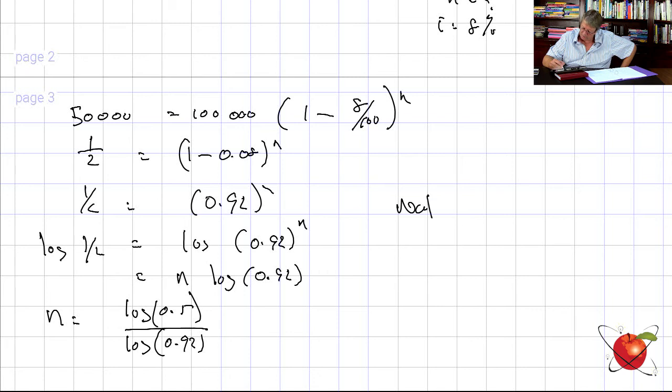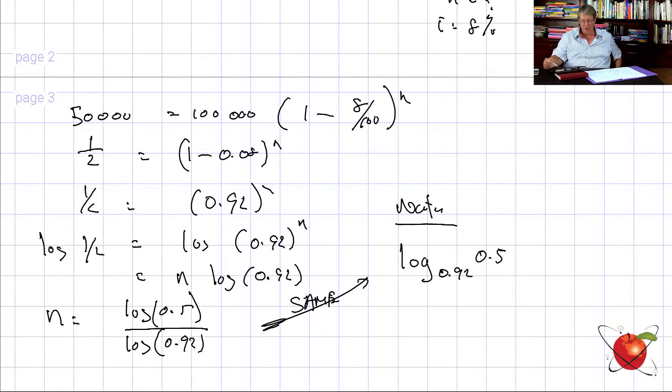Please note that in some textbooks you will see it as log to the base 0.92 of 0.5. That is the same thing. Because if you have a weirdo base like this, you would always change the base.